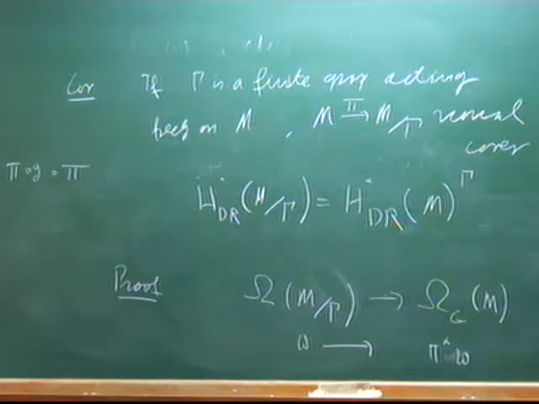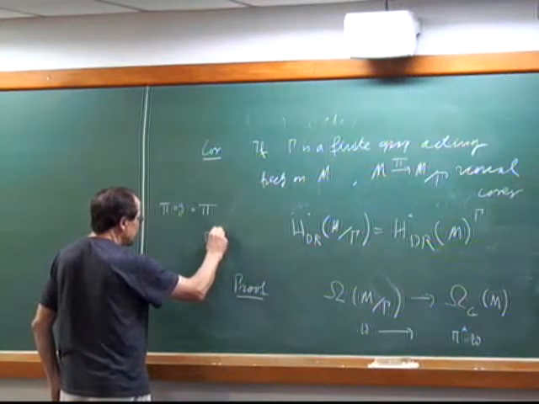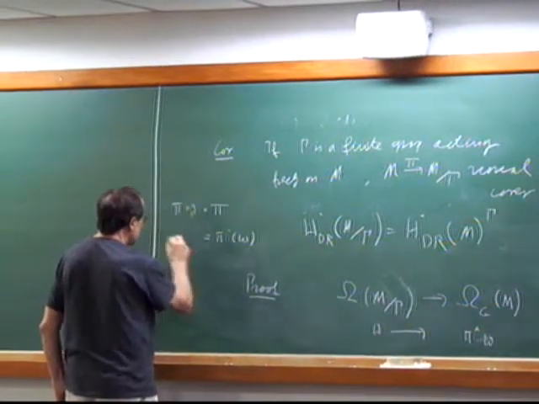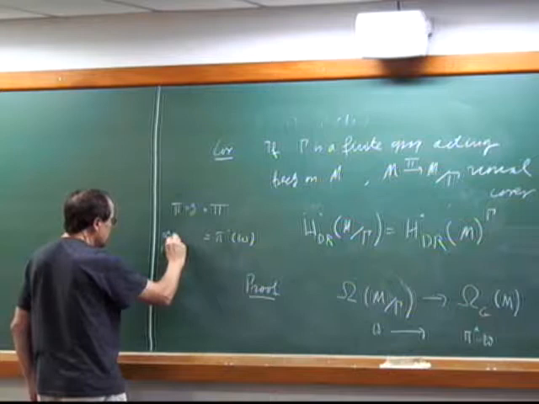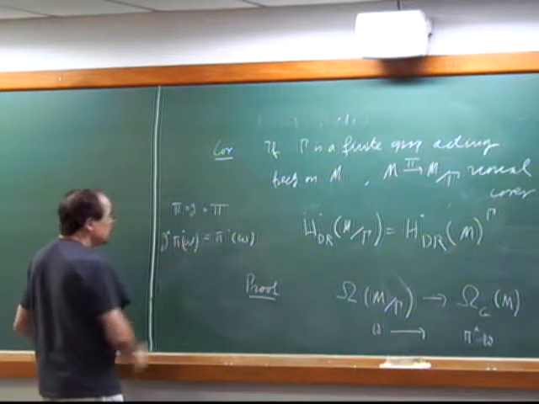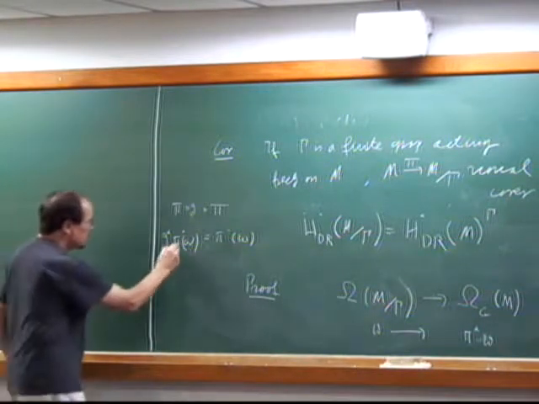So that means that if I now take pi star of omega, that's then g star of pi star omega. That means that pi star omega is G-invariant.